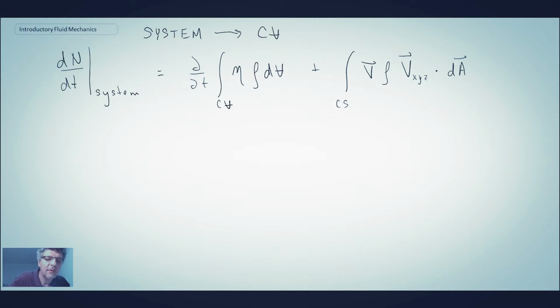So this is an expression for the time rate of change of that extensive property, and it is then expressed in terms of, on the left it's for fixed mass, and on the right is for the control volume formulation.